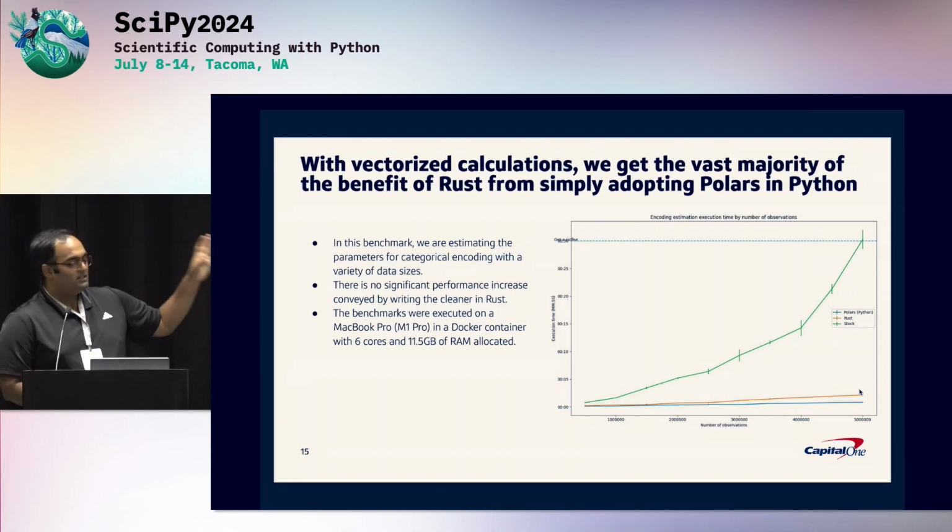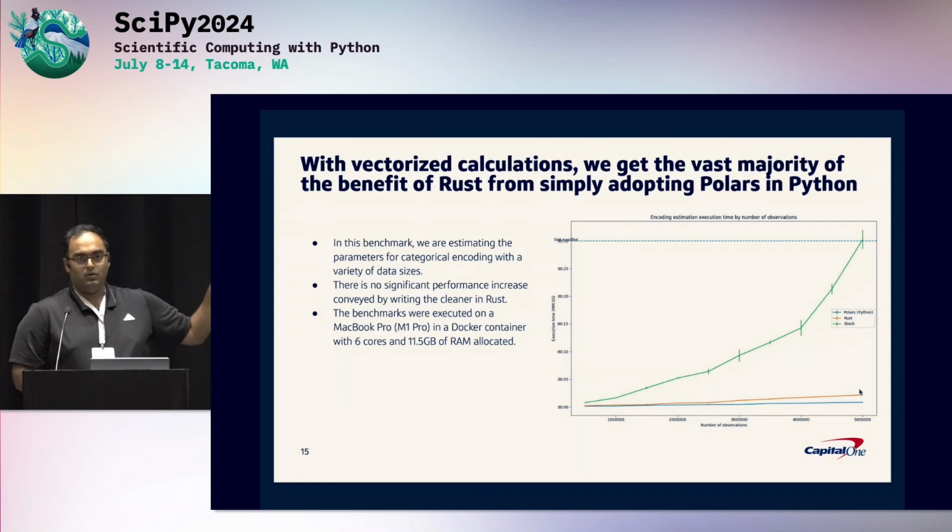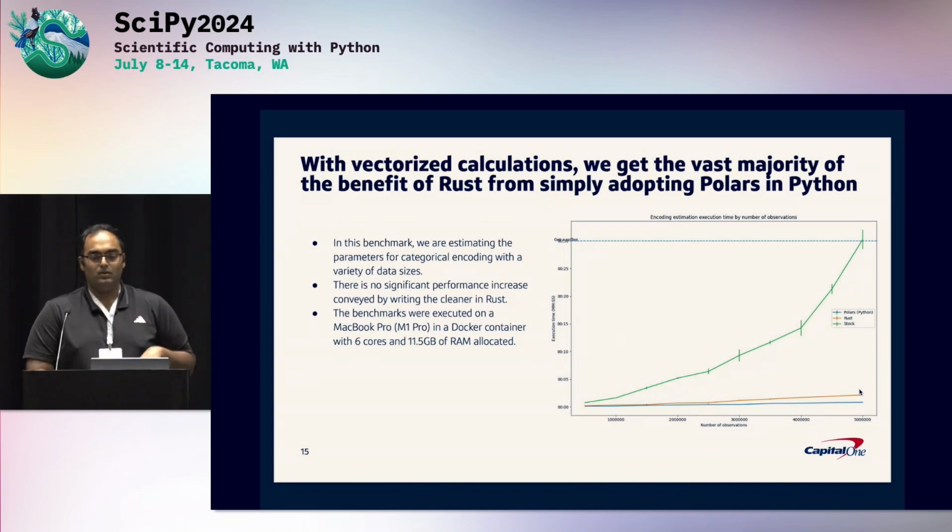This is just estimating parameters for categorical encoding. So this is kind of a single column. But what if we do it for a more realistic use case where someone's going to do a whole data preprocessing pipeline, right? 100 features. In this case, it'll be 15 categorical, 85 numeric. They all have something, data imputation or categorical encoding.